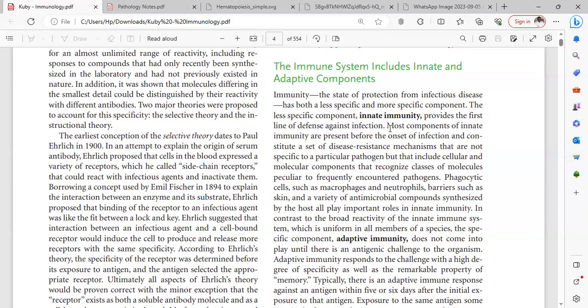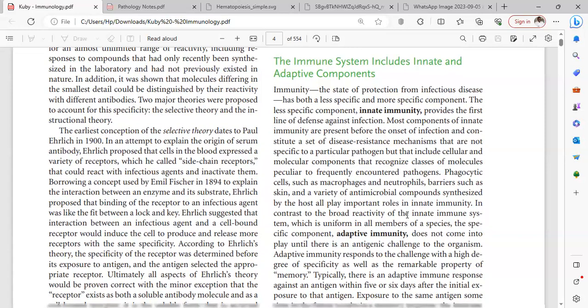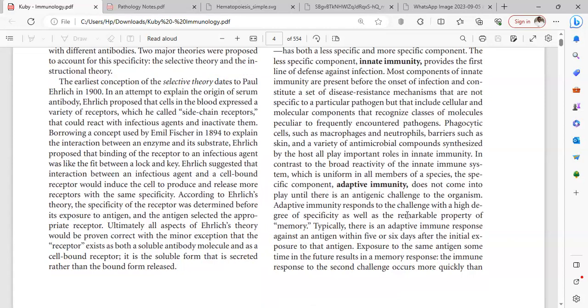Innate immunity is the one that we are born with. We don't acquire it; it's naturally there. The other aspect is adaptive immunity, which is the one that we have acquired, and it is more specific compared to the innate immunity.